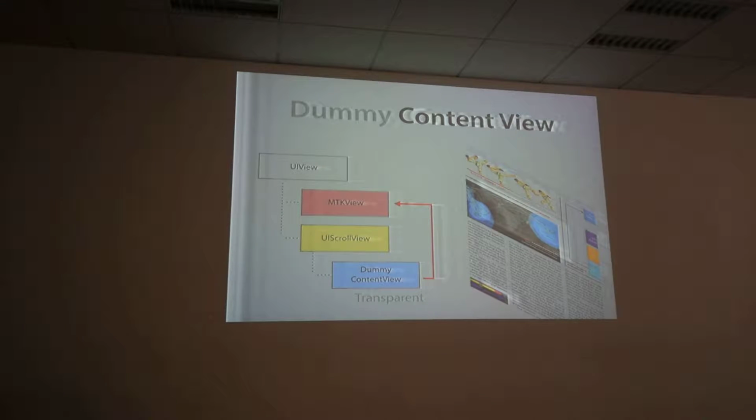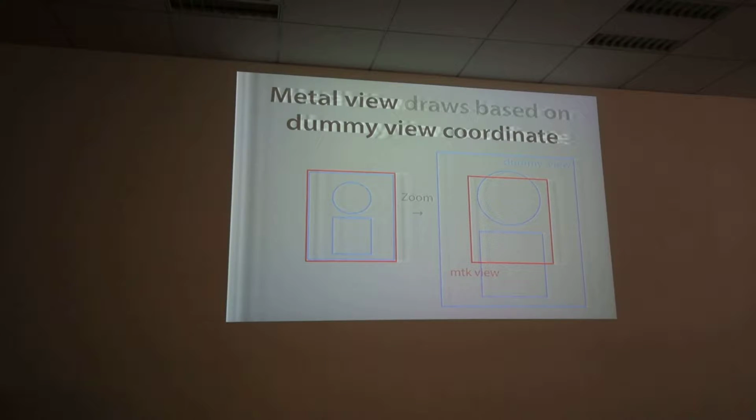And don't forget to set the dummy content view and scroll view's background color to be transparent. Again, when you zoom inside the scroll view, the dummy view is the one actually zooming, but since it is transparent, it will not appear on the screen. Instead, the MTKView will be seen through the scroll view. Then again, Metal view renders the image towards not the MTKView bounds, but the dummy content view.